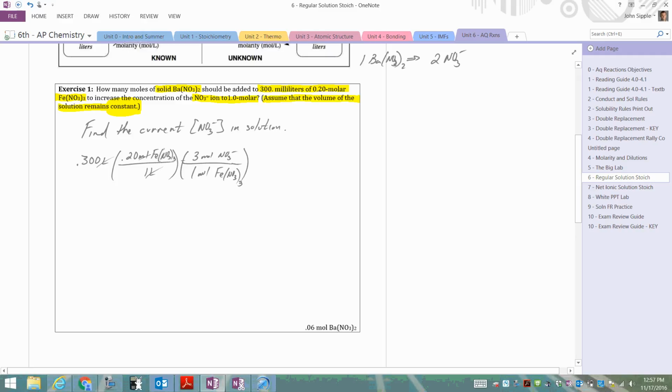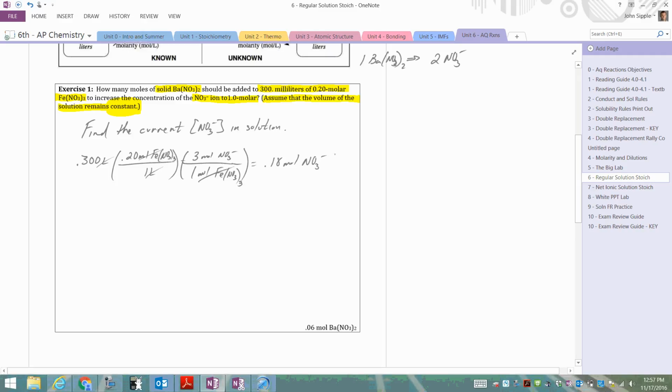So liters cancel, moles cancel, and you're left with, 0.3 times 0.2 times 3. Okay, so I got 0.18 moles of NO3 minus.